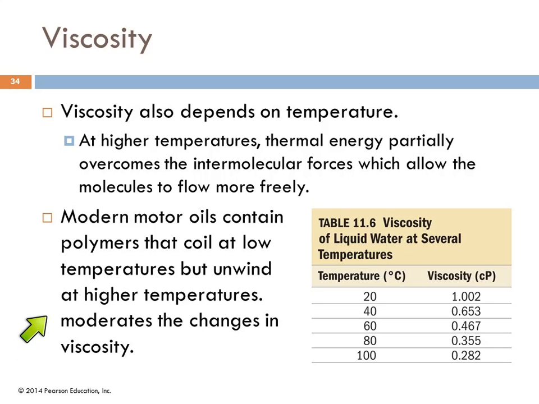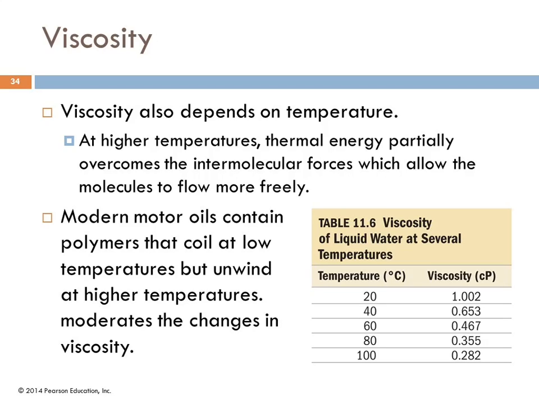What they've done in modern motor oils is really, really cool. They have some polymers that they put in them, and at low temperatures, the polymers coil up. If the polymer coils, what does that do to its surface area? If it goes from a long, straight thing to a curled up thing, it decreases the surface area of that molecule.